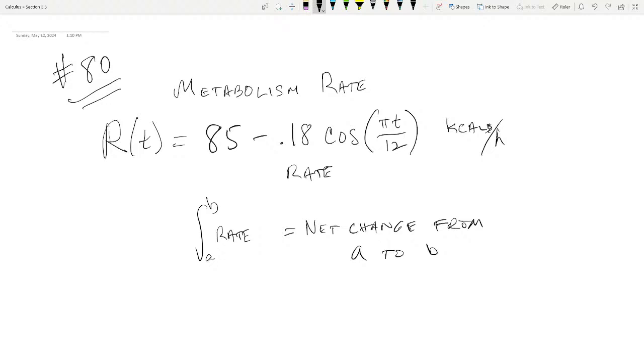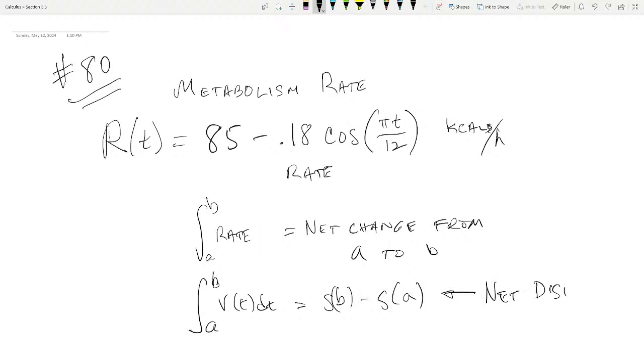The typical example of that is when we have a velocity, because that's a rate that you probably use more often than some of these other rates. So when you have a velocity, v of t dt, and you do the antiderivative of that, you get the position function, and then you plug in the bounds into the position function, and this gives you the net distance traveled.